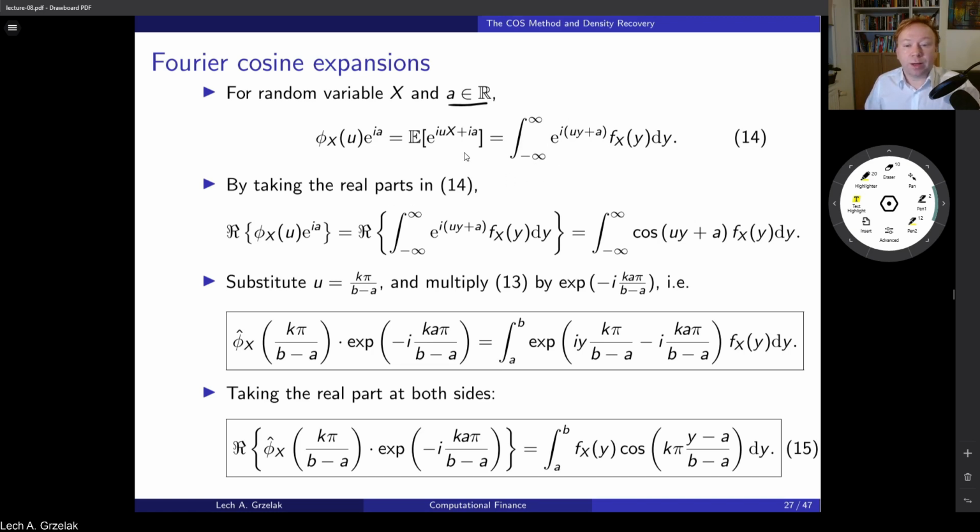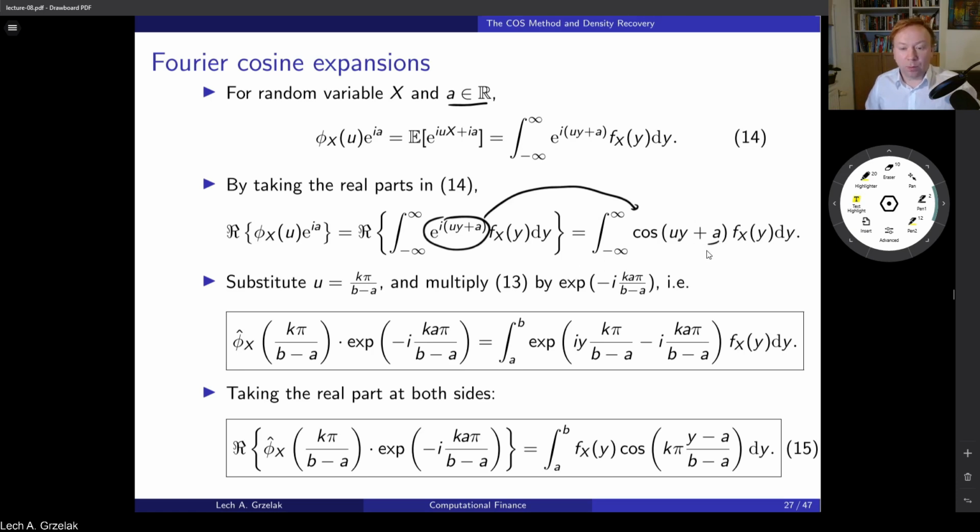If we take the real part of this term, the density is not affected because it's real. The real part can also go under the integral because it's essentially a summation. And then this expression becomes, if we take its real value, only cosine of u times y plus a.